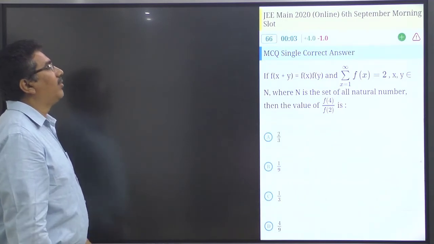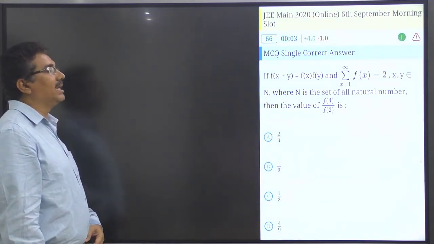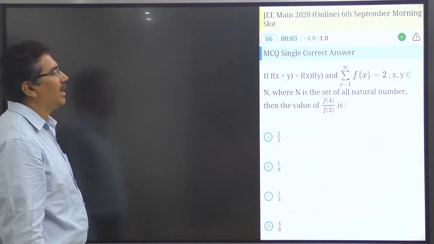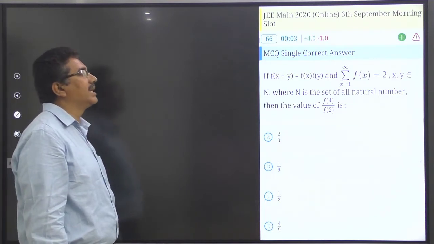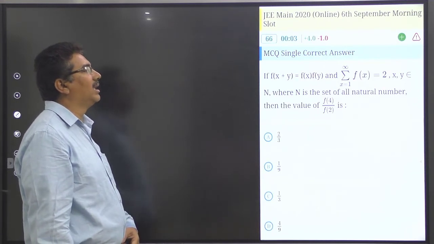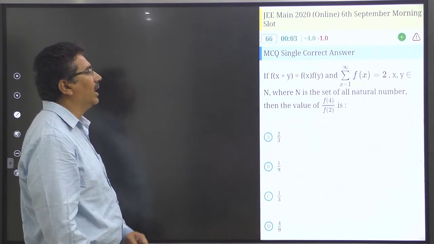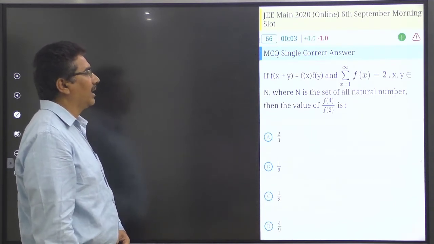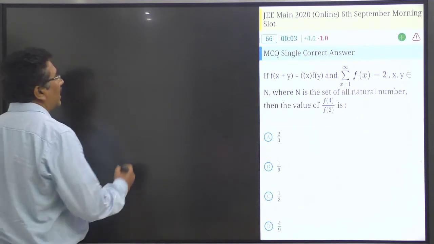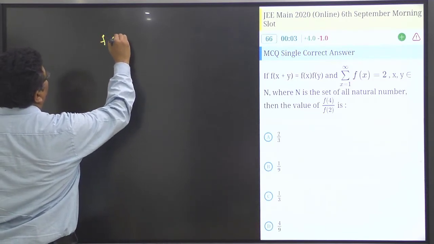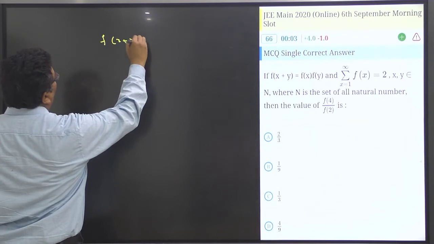If f of x plus y is equal to f of x into f of y, and sigma x is equal to 1 to infinity, f of x is equal to 2, x comma y belong to capital N. Right, here f of x plus y is equal to f of x into f of y.